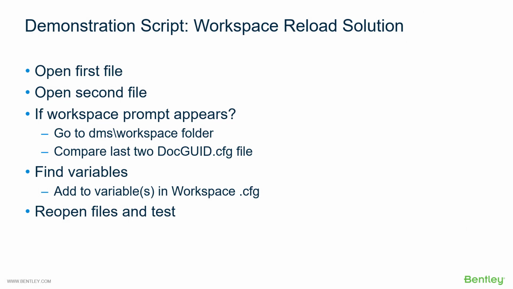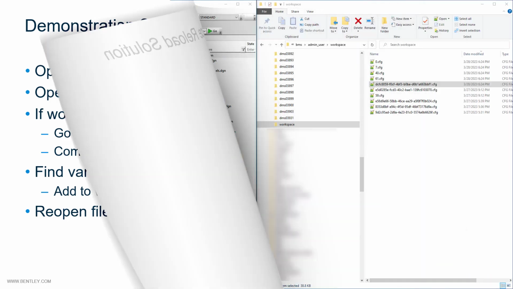This is what we will do in our demonstration. We will open a first file, open the second file. If the workspace prompt appears, we will go to the DMS workspace folder, compare the last two .GUID CFG files, find the variables, add the variables to the Workspace CFG file, reopen the files, and test. Let's do this now.